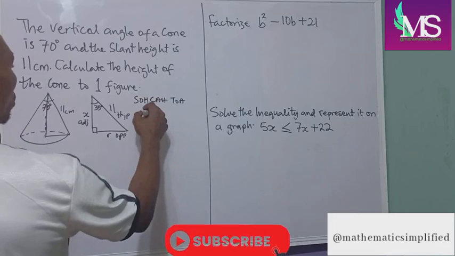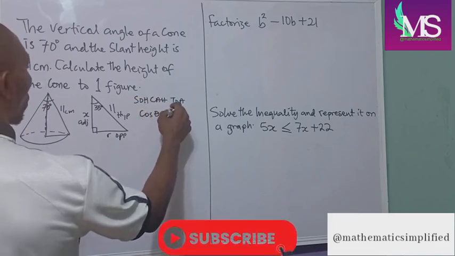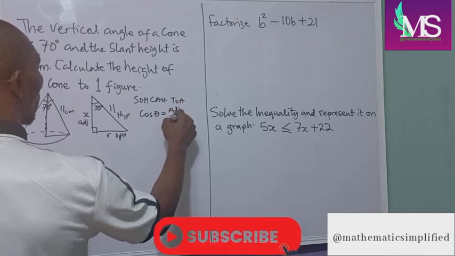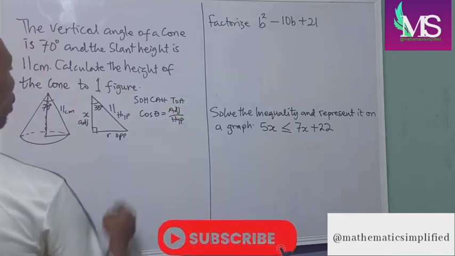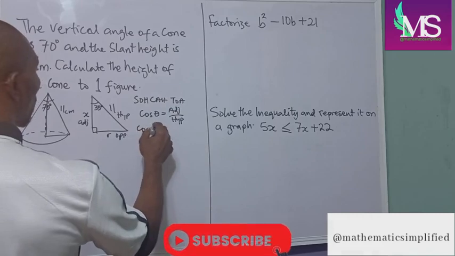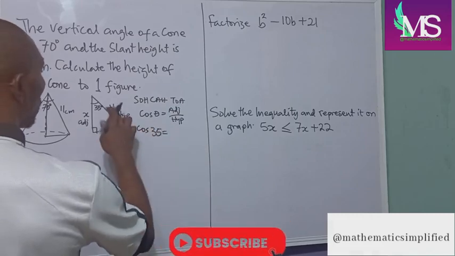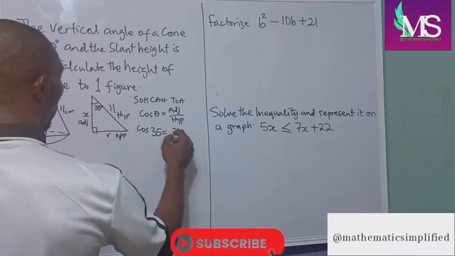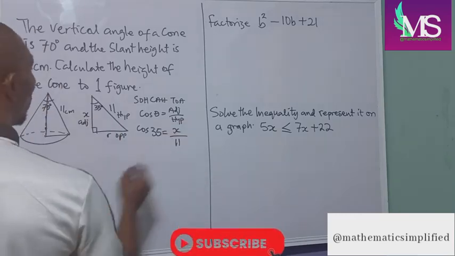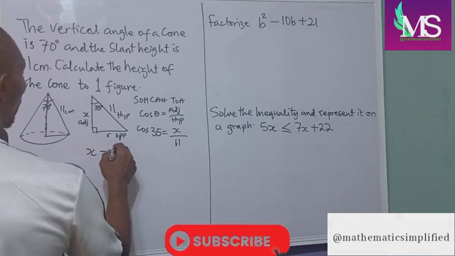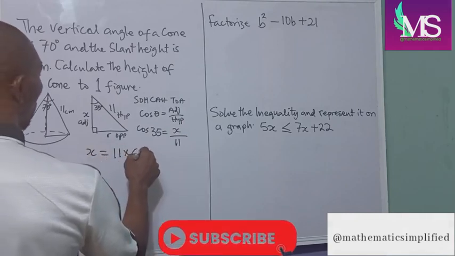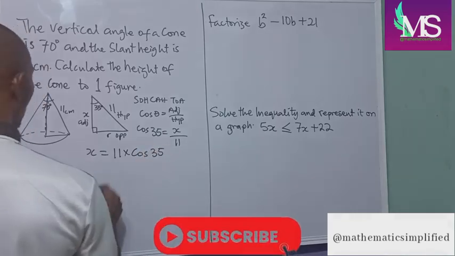which is cos. So this becomes cos theta equals adjacent over hypotenuse. Now, where our theta is 35, cos 35 equals adjacent, x, which we are looking for, over 11. So our x will give us 11 times cos 35.